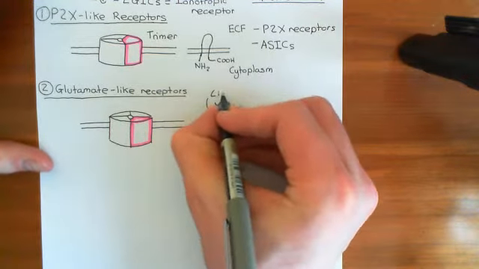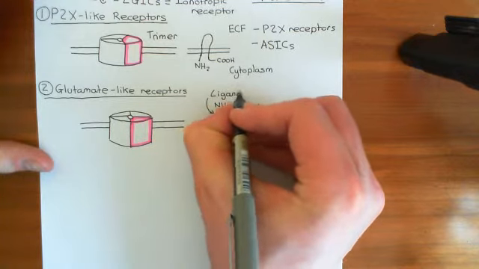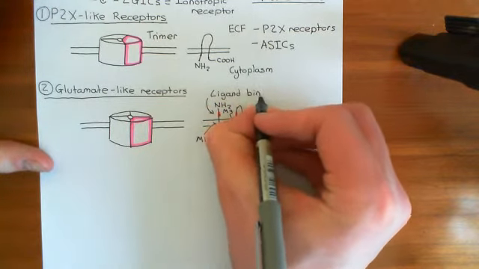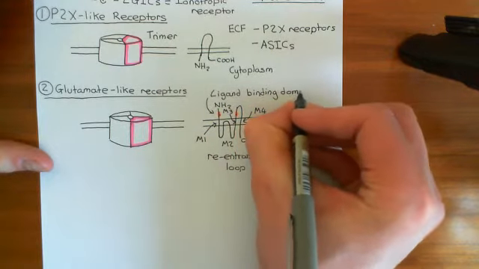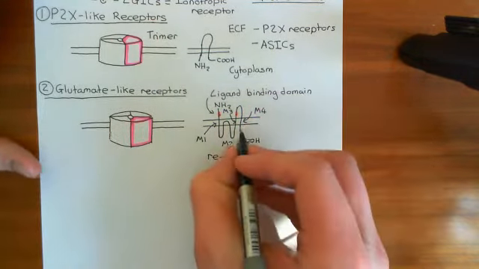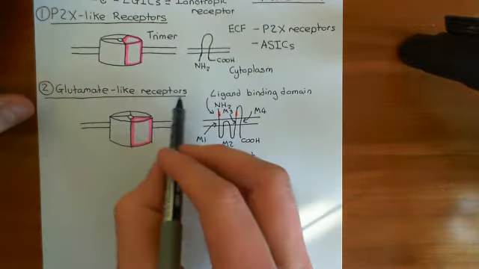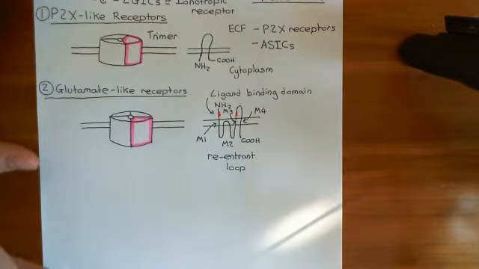That's another important feature that is conserved for the subunits of all receptors within this glutamate-like receptor family of ligand-gated ion channels.